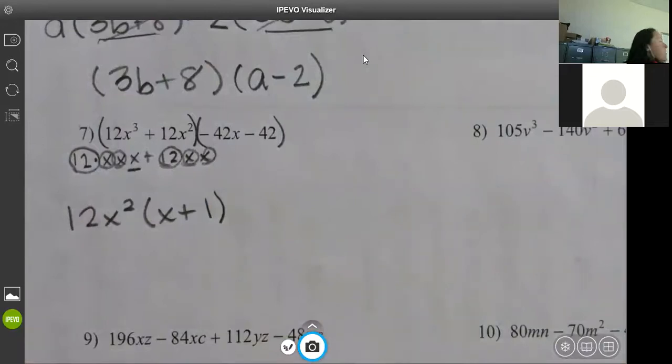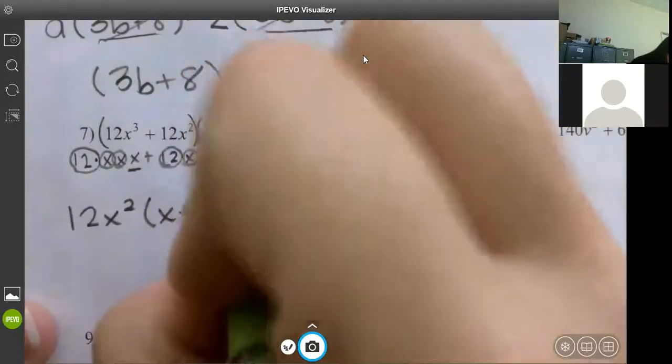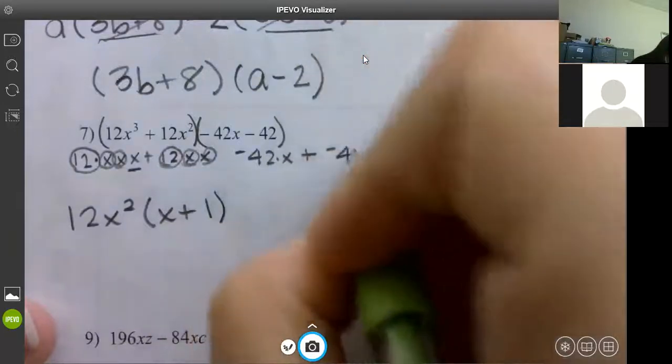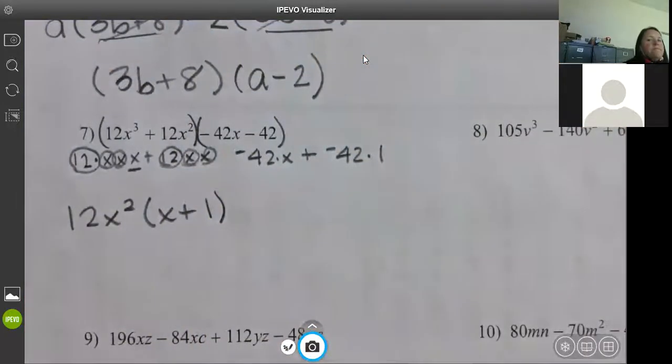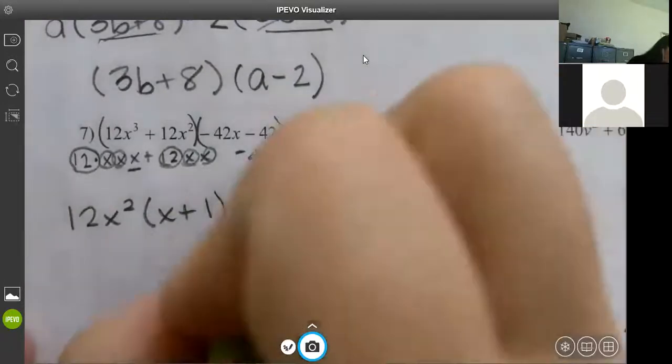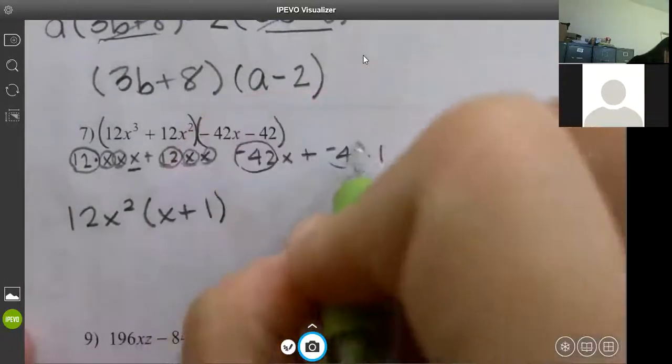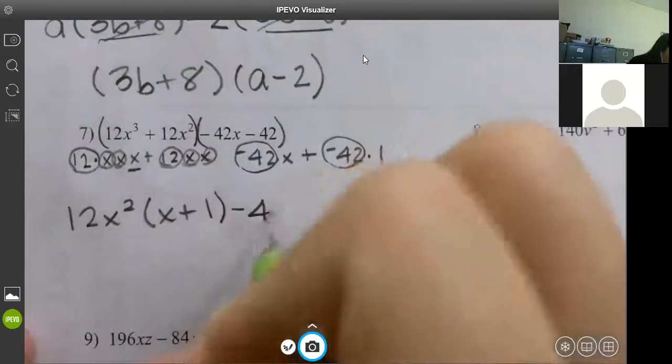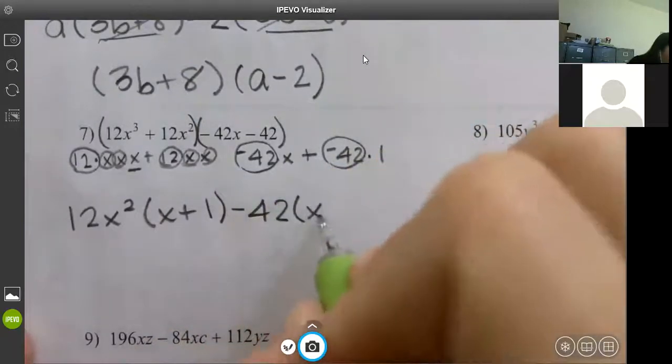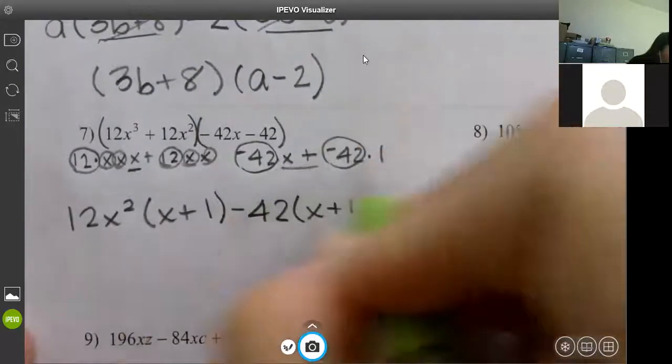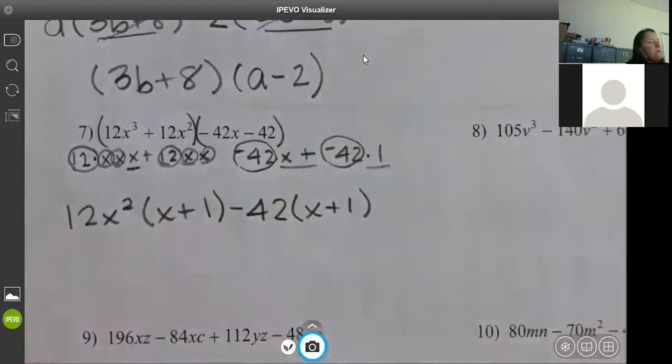In the second set, what do you already see that they have in common? A negative 42. So the first one is a negative 42 and an x. The second one is a negative 42 and a 1. You said they have negative 42 in common. So we're going to take out the negative 42. Read across. We have x plus 1 left. What do they have in common?